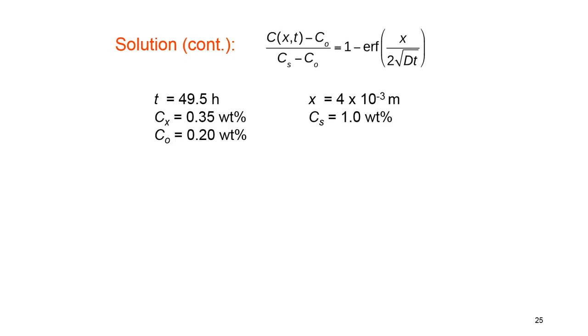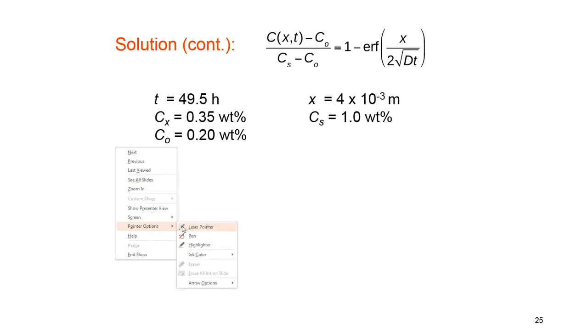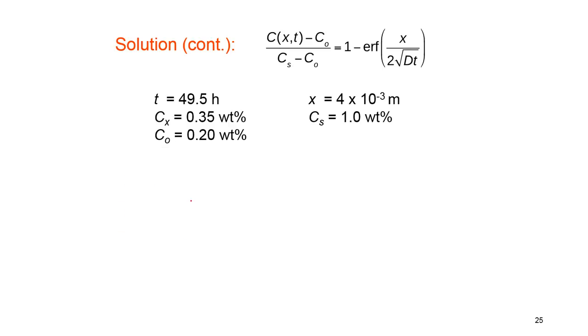So now if we go to table 7.1, by having this value for the error function, let me just enter the value here. So error function is equal to 0.8125. Now we go to table 7.1.